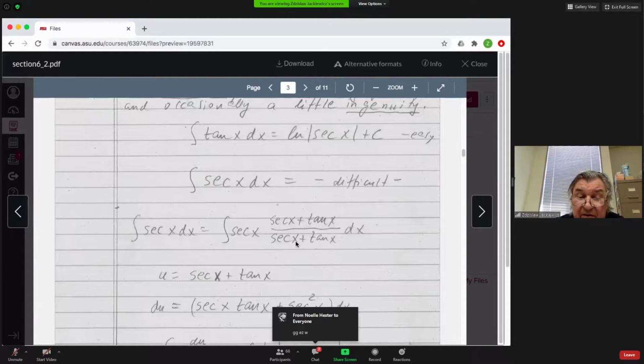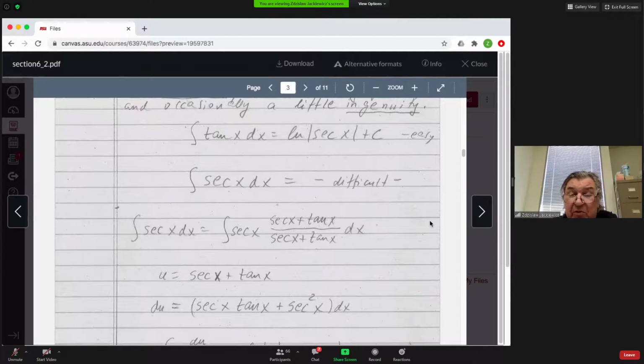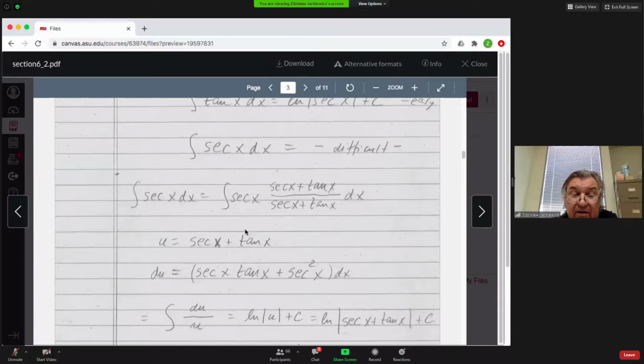However, when you make this rearrangement, now you will see that if you substitute u equal secant x plus tangent x, du will be secant tangent. Of course, the derivative of secant is secant tangent. Derivative of tangent is secant squared.